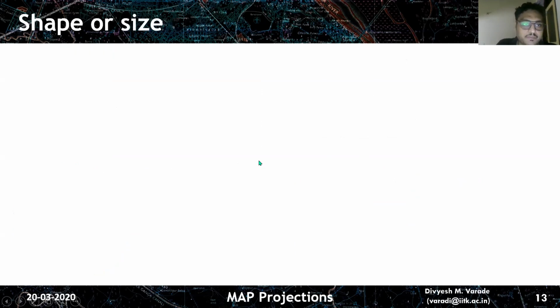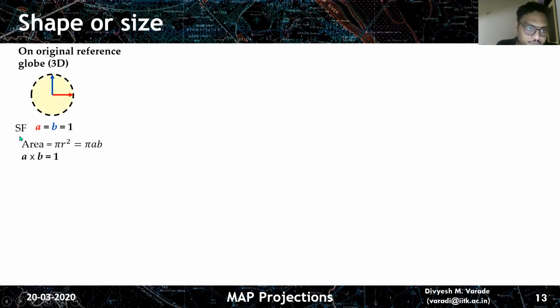Let us take an example where we have this Tissot's indicatrix, the infinitely small circle, and let us define the two radii here, in the north direction and the east direction, as A and B. On the reference globe, both A and B, which represent the scale factor, are equal to 1, and therefore the product is also 1.